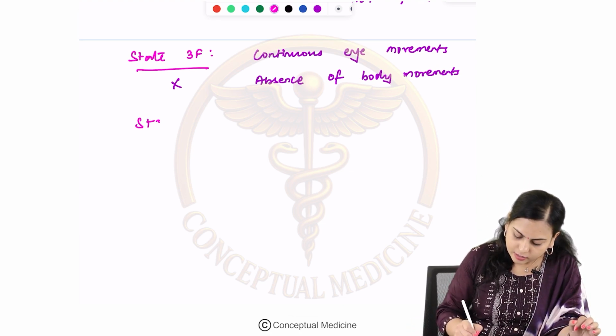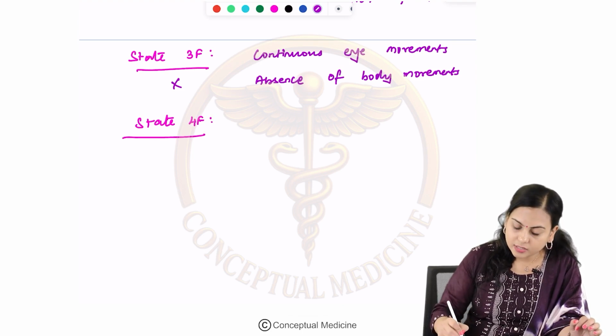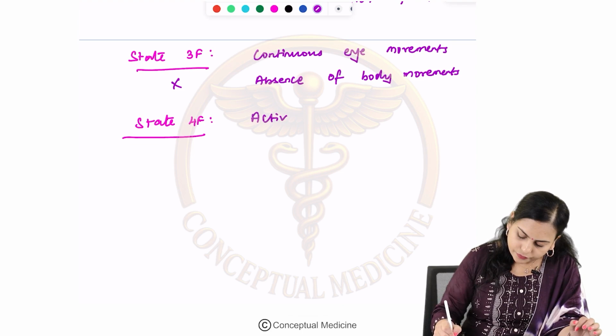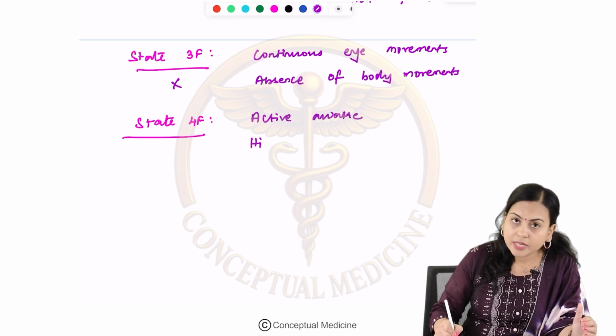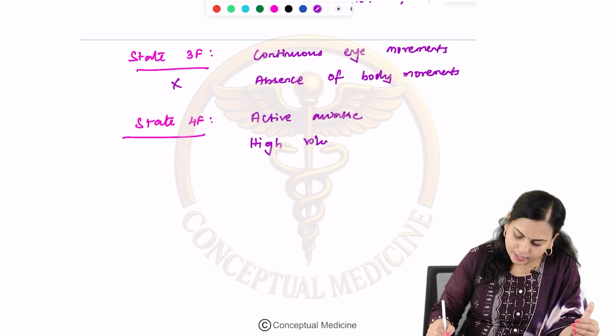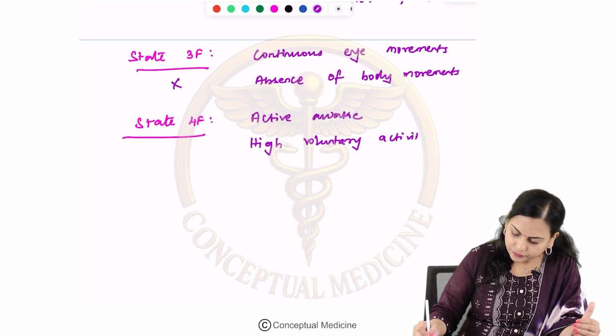Then state 4F, this is a actively awake state. You will be able to see a high range of voluntary activity.